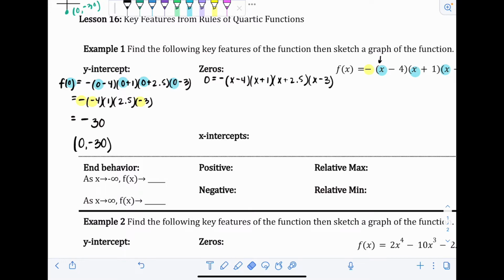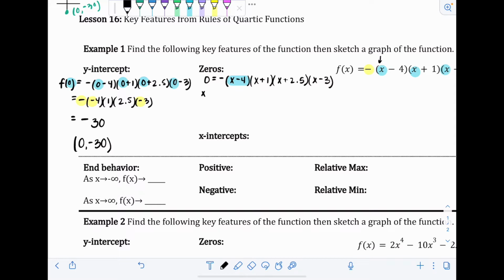So this is already in factored form, so the harder part of the work is already done for us. Now we can just set each factor equal to 0. I don't have to do anything with the negative here because there's no x involved with it. If there was an x out in front, I would want to set that equal to 0, but there's not, so I don't really have to worry about the negative. So I would just set each factor equal to 0.